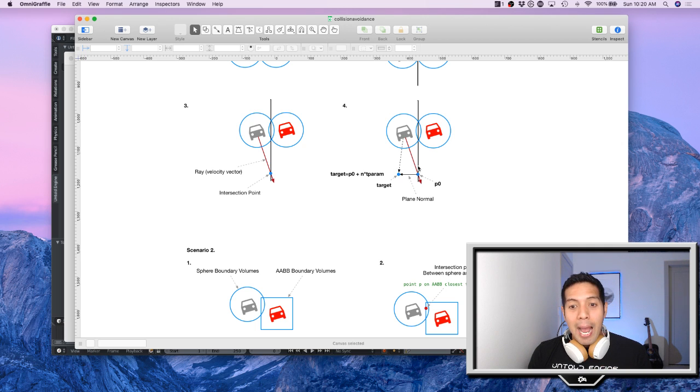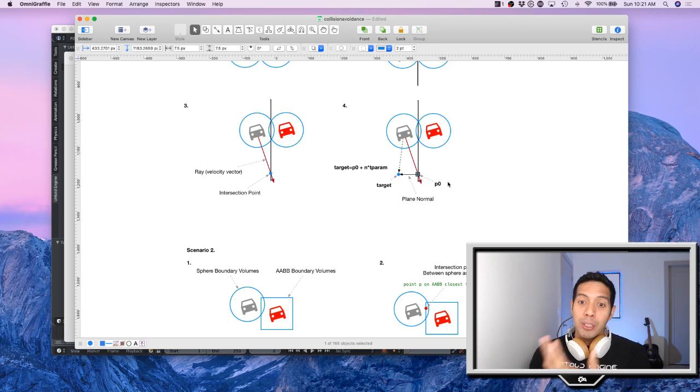Next, I know the normal vector of my plane, right? So I use that, and I assign a particular time parameter. Let's say a parameter of 2.0, all right? Well, what does that give us? That gives you a new position. This is my predicted position from my initial position. Then you have a direction, right? So you have P naught.